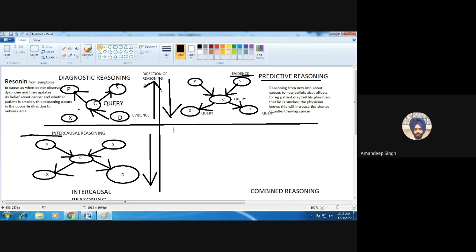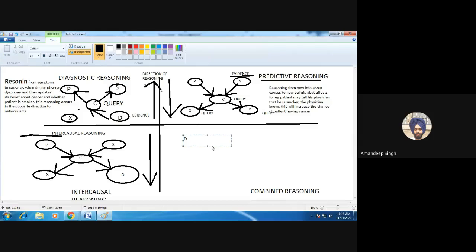Bayesian network. With the given Bayesian network, you try to combine all these three reasonings. You have this diagnostic reasoning, you have this predictive reasoning, and you have this intercausal reasoning.